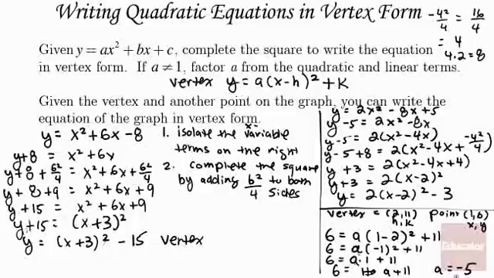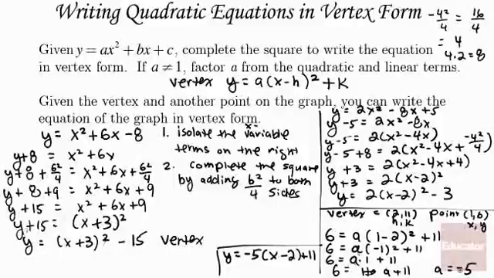Okay, now that I've solved for a, I can go ahead and write this in vertex form. So I have y equals negative 5 times (x minus, I know that h is 2) squared, plus k, which is 11. So again, if I'm given vertex form and a point on the graph, then I can write this, substituting in everything I have and then solving for a.